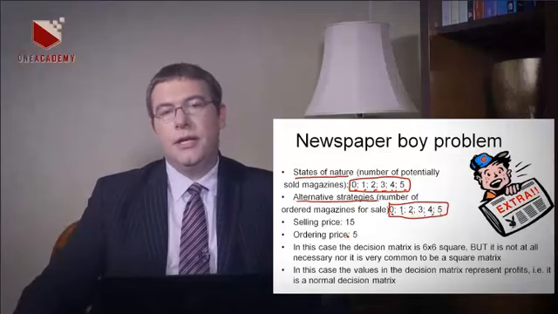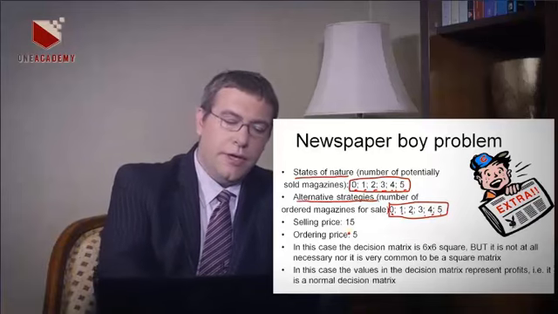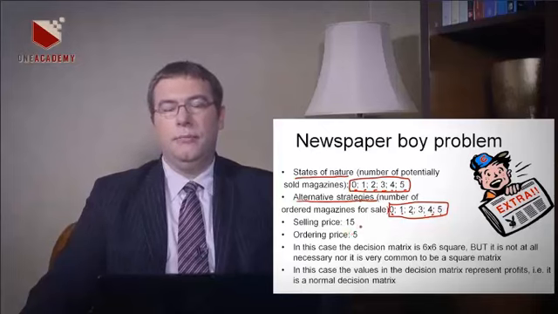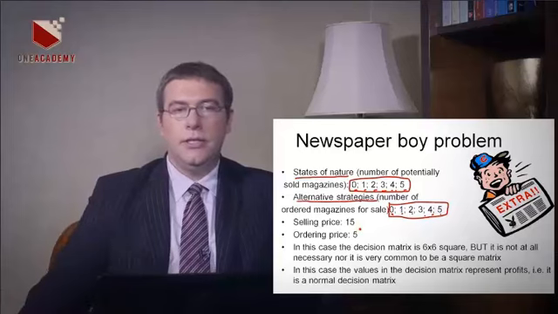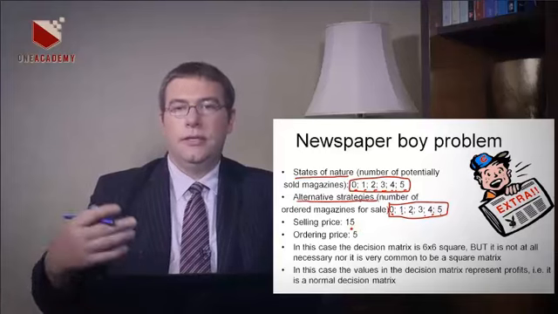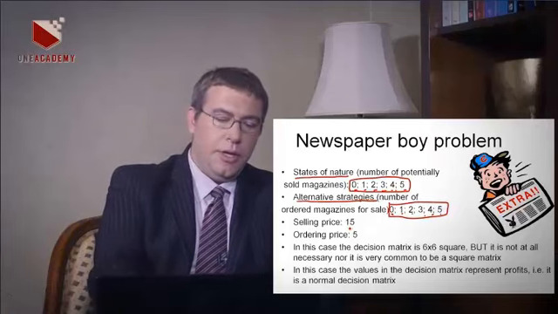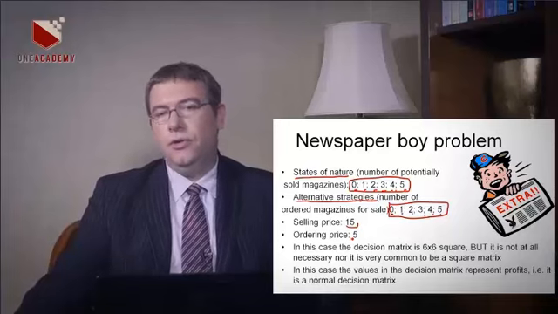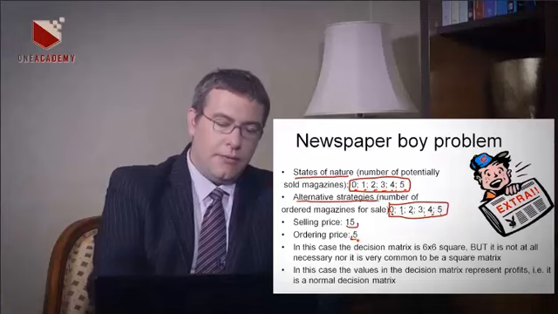To have an estimation of the outcomes for each combination of alternatives and states of nature, we need some additional numbers: the selling price of the magazine is 15 euros and the ordering price is 5 euros.